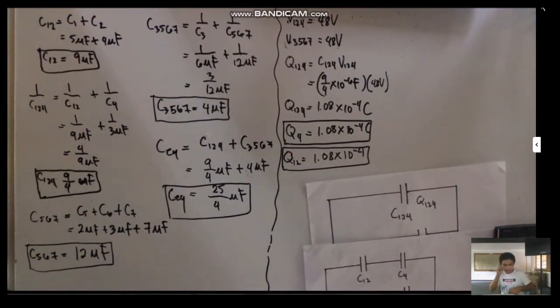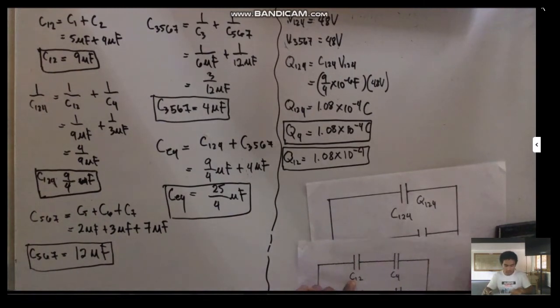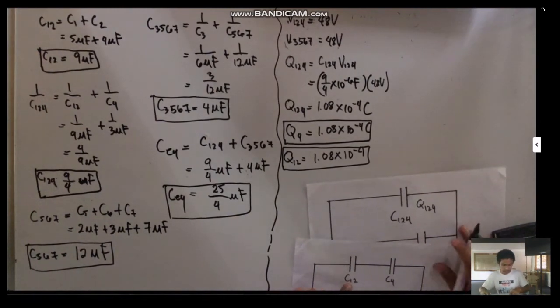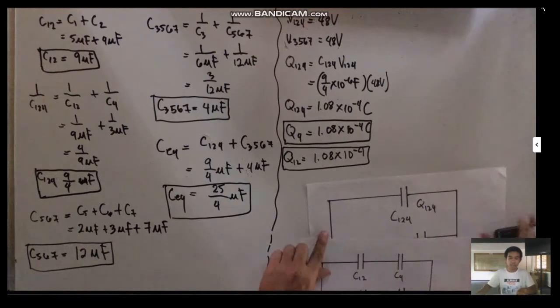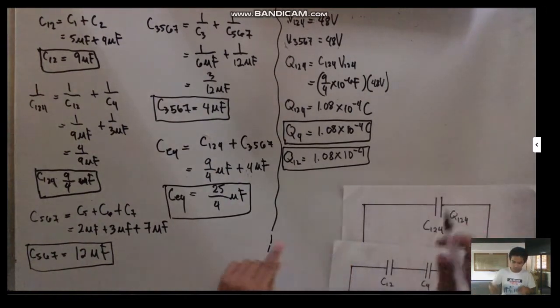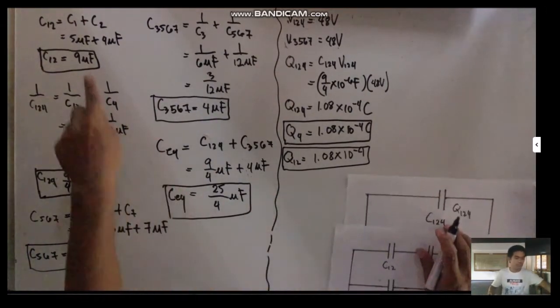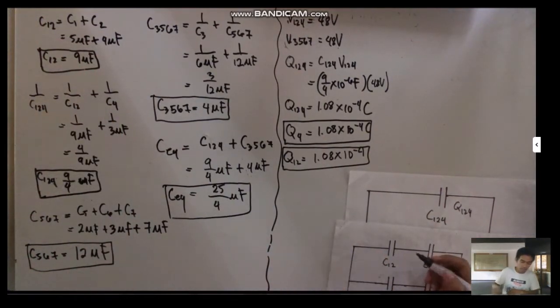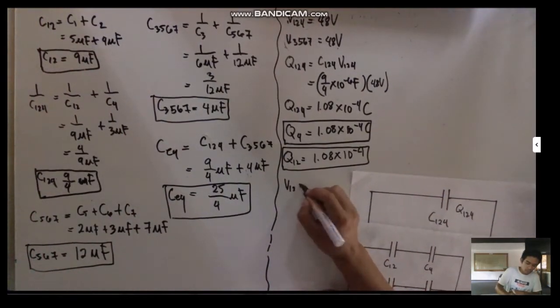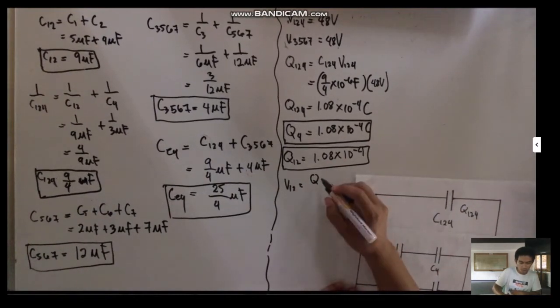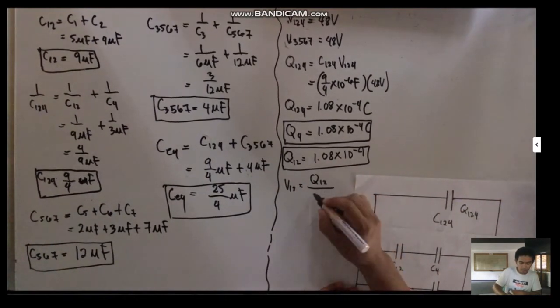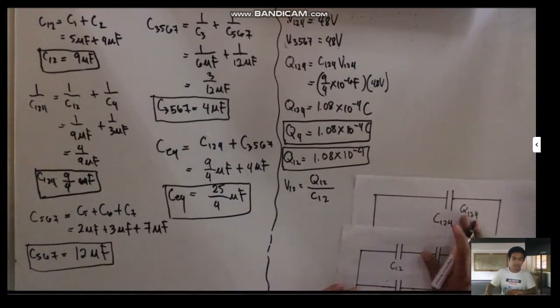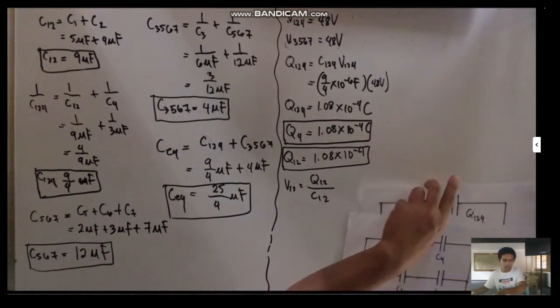How about the voltage across C12? Since we have Q12, and we also have C12, we can obtain V12. So V12 equals Q12 over C12.